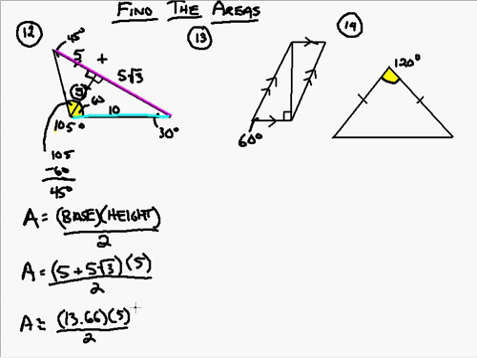So I'm going to take that answer times 5, which gives me approximately 68.30. Divide that by 2. Final answer is going to be 34.15. So my area is approximately 34.15 square units. So that would be the answer for number 12.